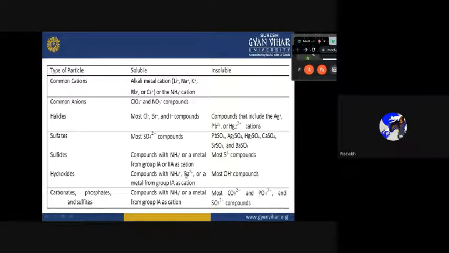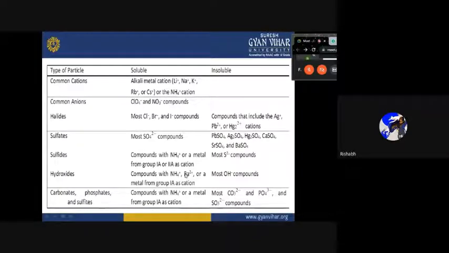Compounds of carbonates, phosphates, and sulfides with this 1A group and NH4 positive will remain soluble in the ionic state.